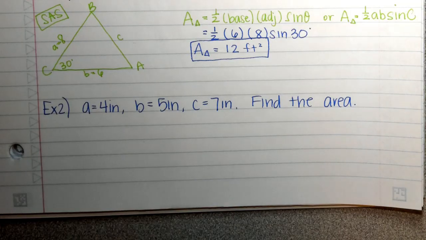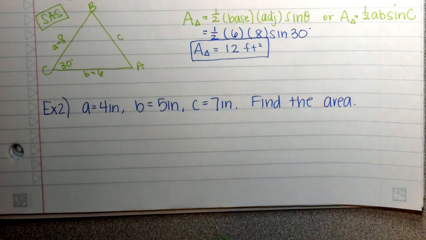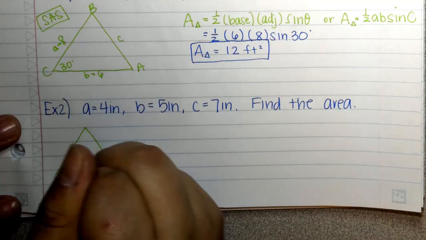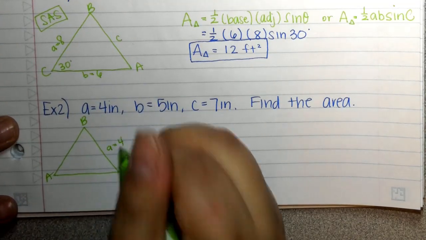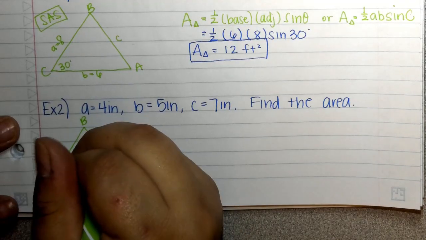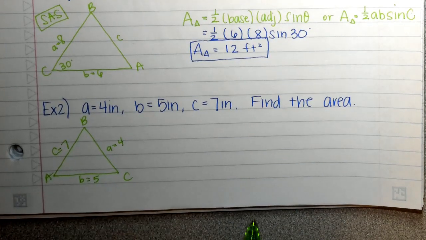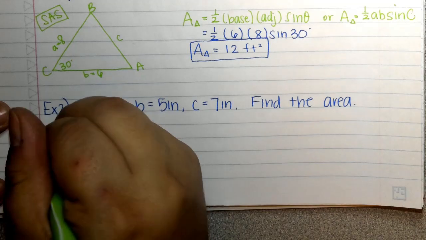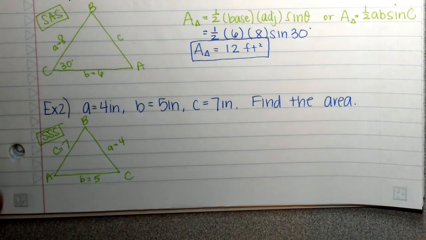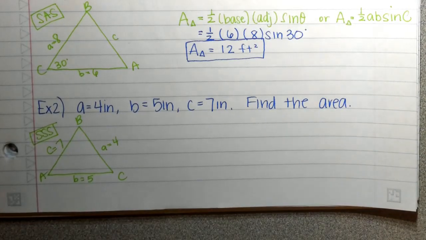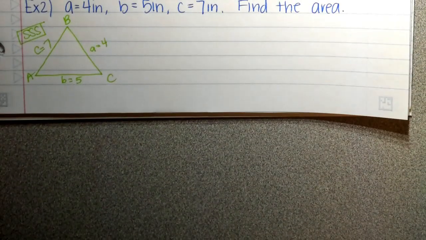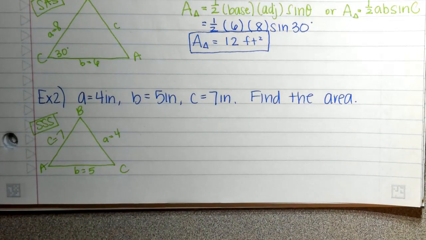What do I do first? Draw your triangle. And label the case type. What is the case type? What do I do first?